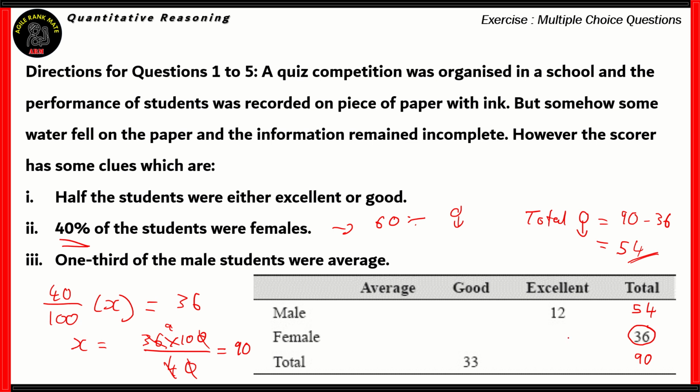Now, let's look at another clue here. 1/3 of the male students were average, which means that if you have a total of 54 males, 1/3 of this number, that is 54, represents the number of students who are male and average. So let's write the point down. 1/3 of males are average. Now the number of males is given as 54 in total.